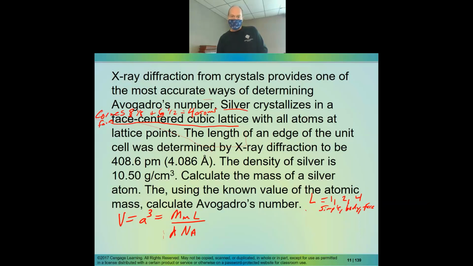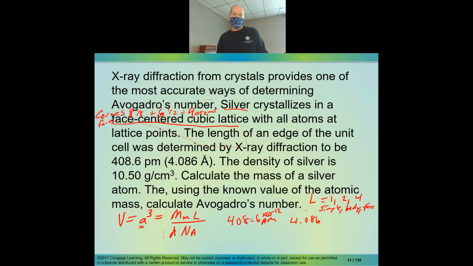All right, the length of an edge, so that's A. A is length times width times height, and since it is a cube, they are all the same. So it doesn't tell you if it's the length, the width, or the height because that is all the same distance. And that is 408.6 picometers. Pico is 10 to the minus 12 meters. It's also 4.086 angstroms.